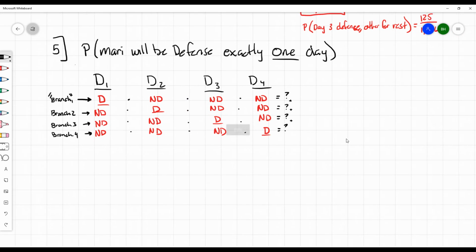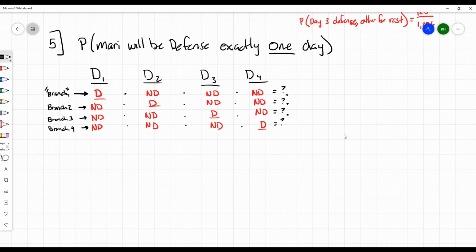So let's set it up. If I'm looking specifically at branch 1, I'm going to call it over here branch 1. We get her being a defense 1 out of 6, with the rest of them being not a defense. And we already calculated this the first time.